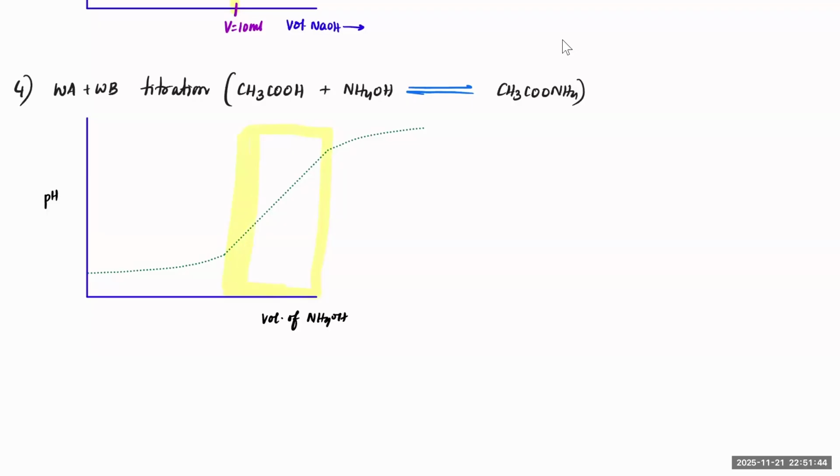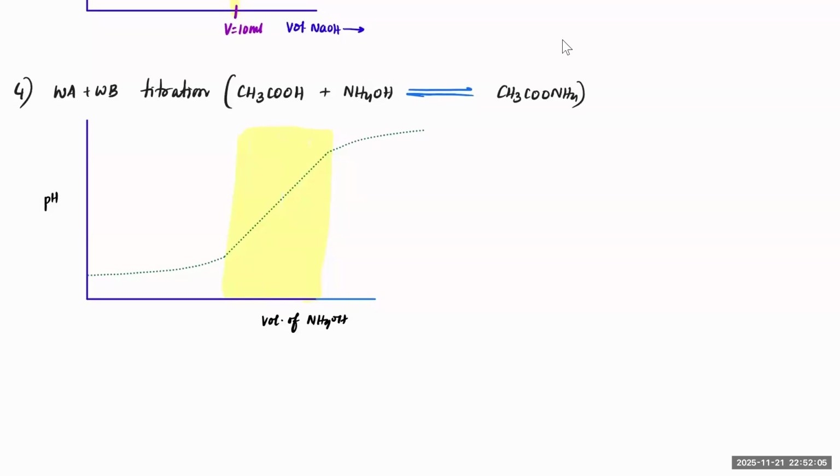So this is not a sudden change in volume where it can be observed. So any indicator we take is not sufficiently good enough to make any color change here.